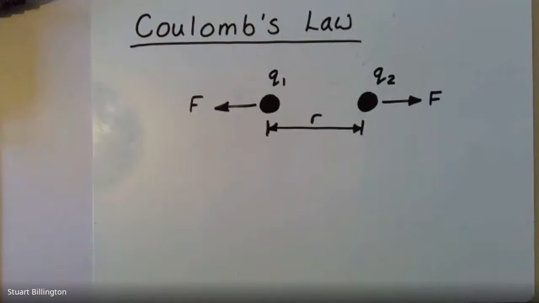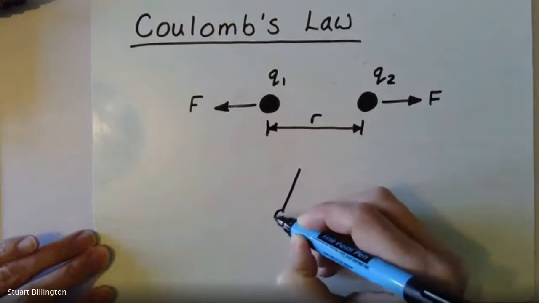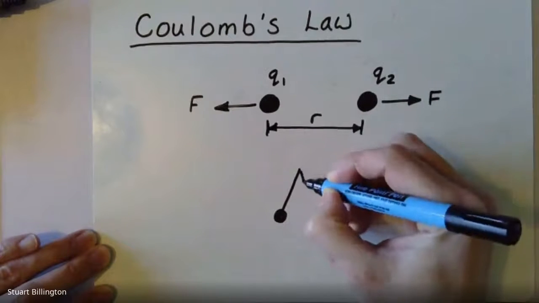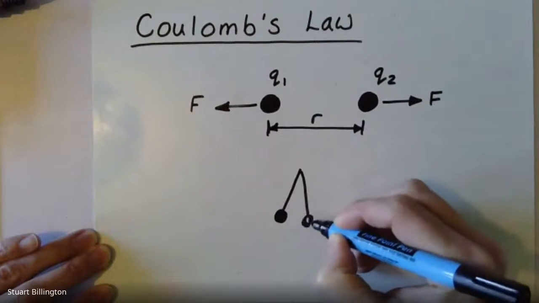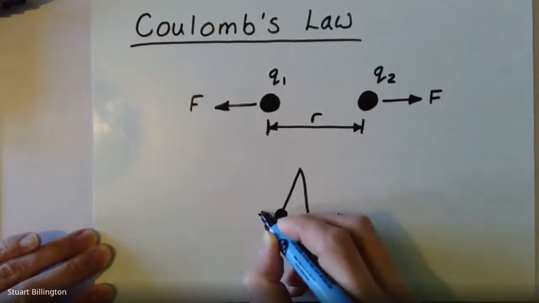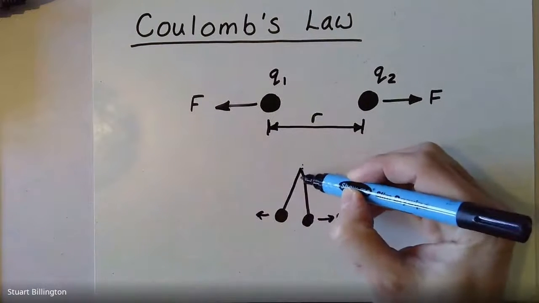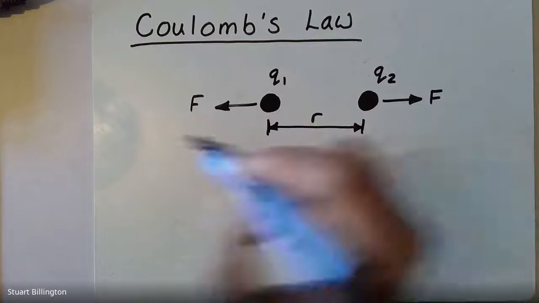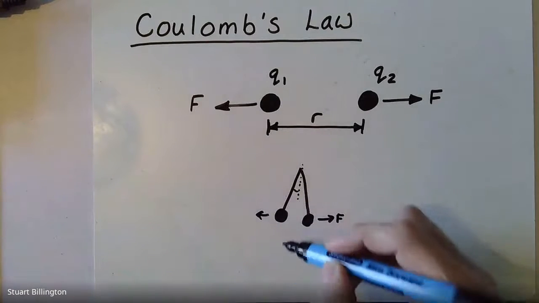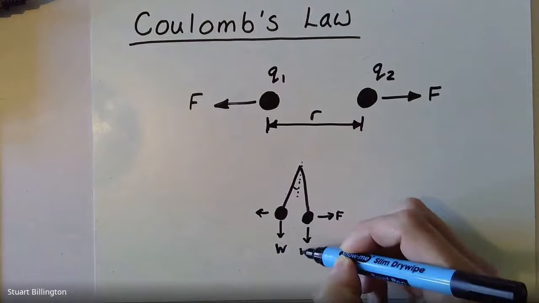The way this experiment is done in order to measure the force is usually, you don't need to draw this bit, we would dangle the two objects. Looks like I'm drawing some kind of cherry or something. The force would push the strings that the two objects are dangling from away from the vertical, and we can measure that angle at the top, and then we know the mass of the spheres, so we can work out the weight pulling them down.